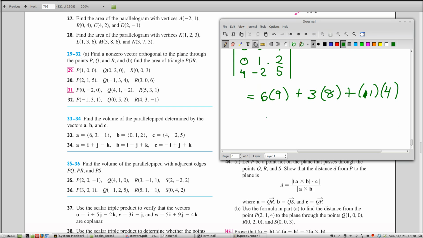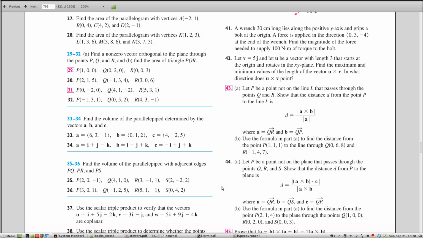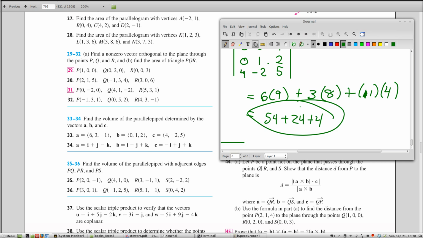Now you add all these things together, and this is 54 plus 24 plus 4, and I don't know what that adds up to. Whatever that is, that would be the volume of the parallelepiped.